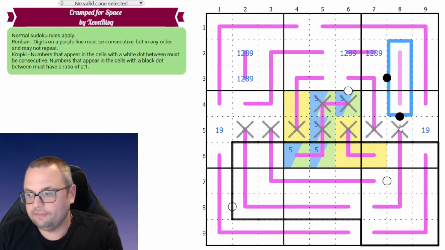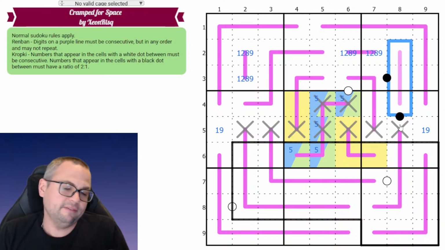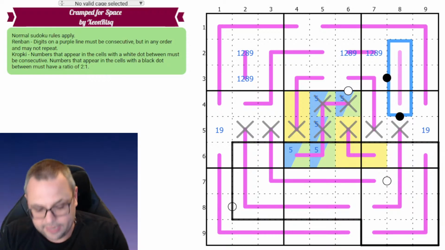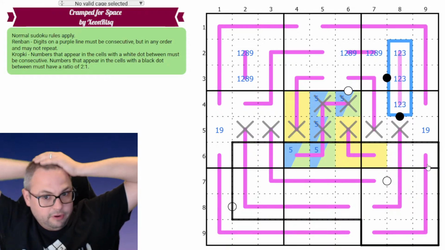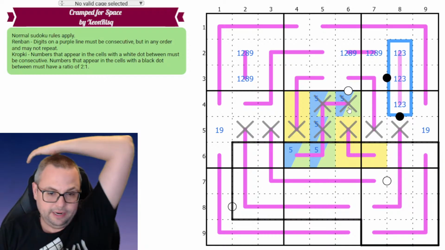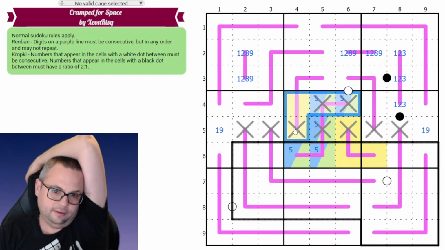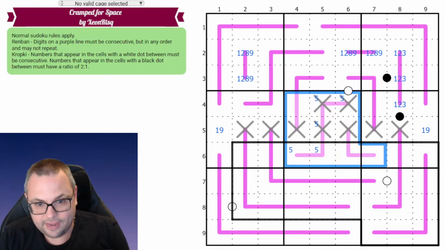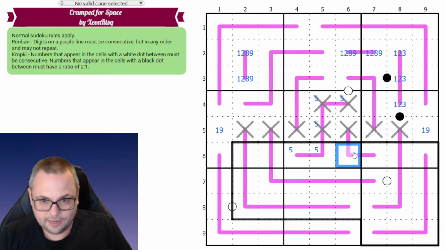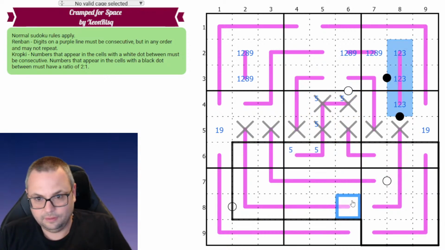So it's either 7, 8, 9 or 1, 2, 3, and it can't be 7, 8, 9. So this is 1, 2, 3. So maybe that is a good sign for me to remove these colors and actually start coloring with regular old high-low coloring.